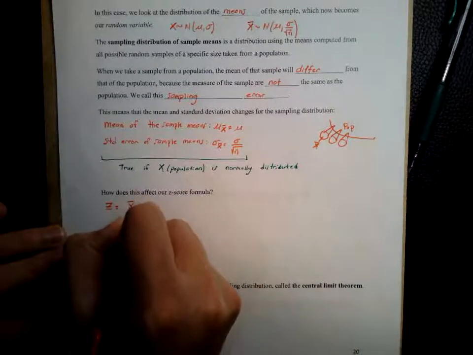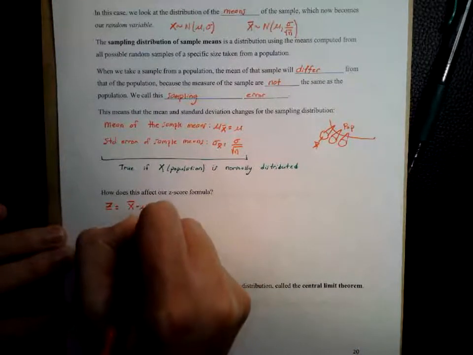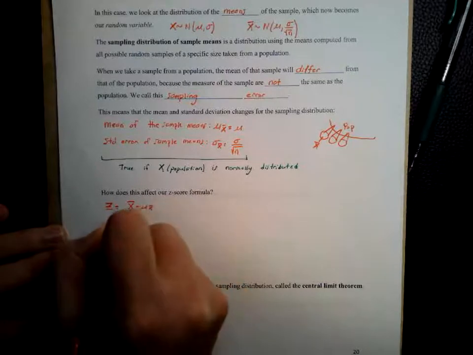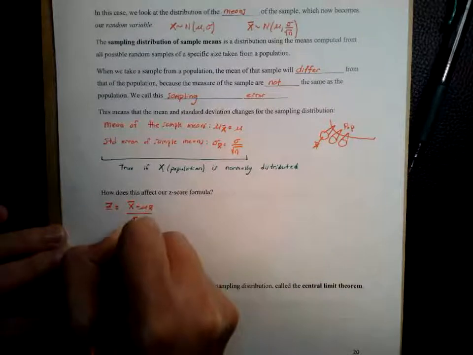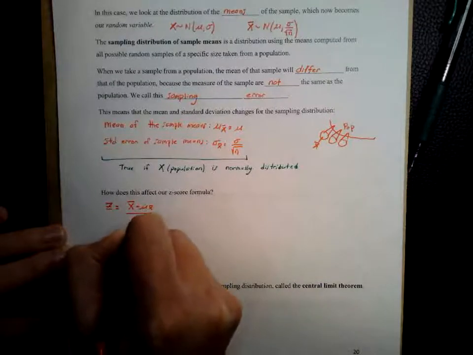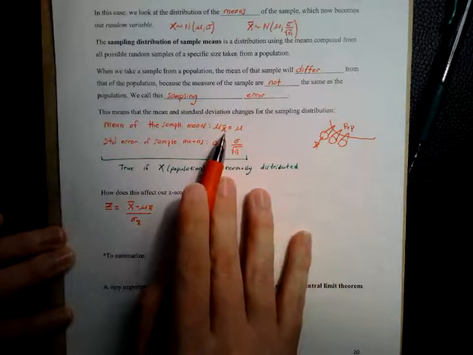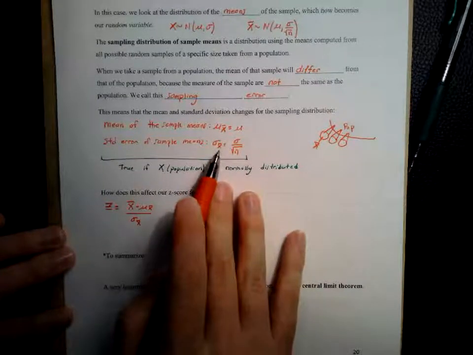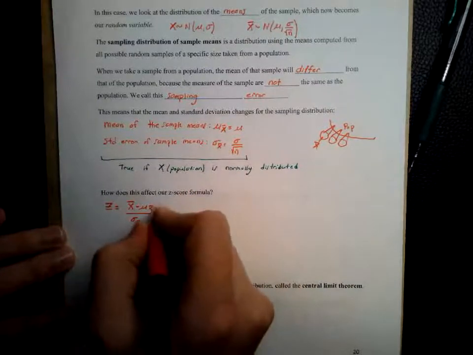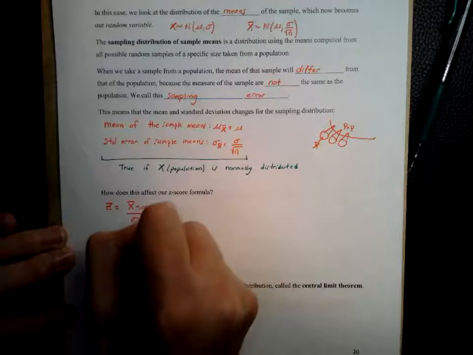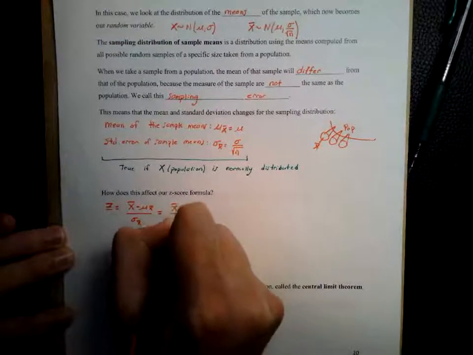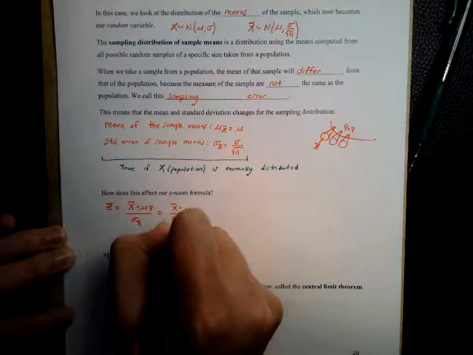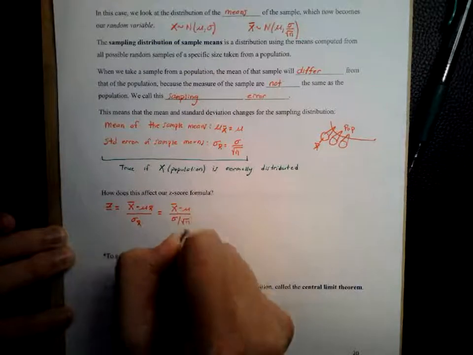Then you subtract off the mean of the distribution of the sample means, mu of x bar, and divide by the corresponding standard deviation, sigma of x bar. We just said above that mu of x bar is equal to mu, and sigma of x bar is equal to sigma over the square root of n. So therefore, this formula becomes x bar minus mu divided by sigma over the square root of n.